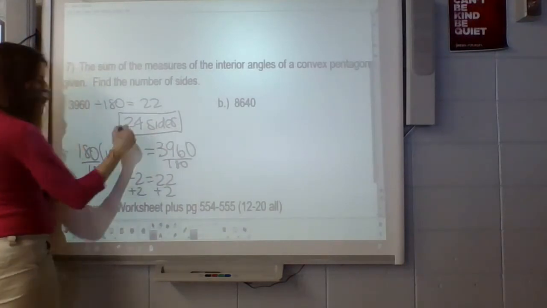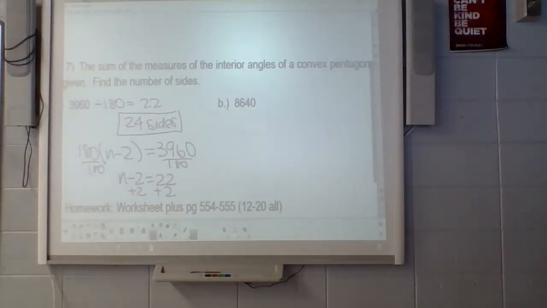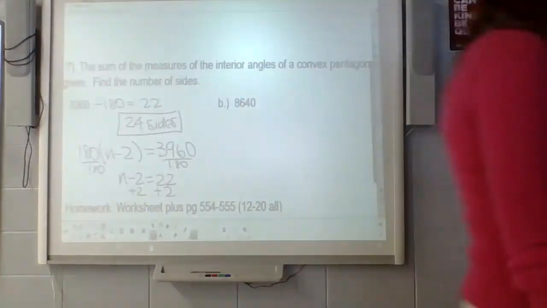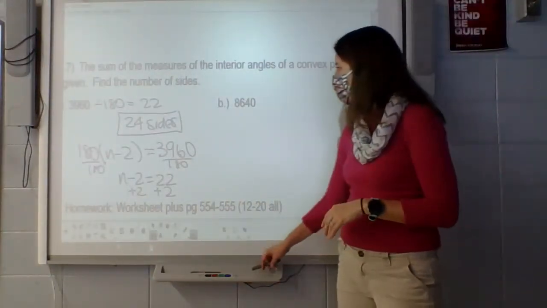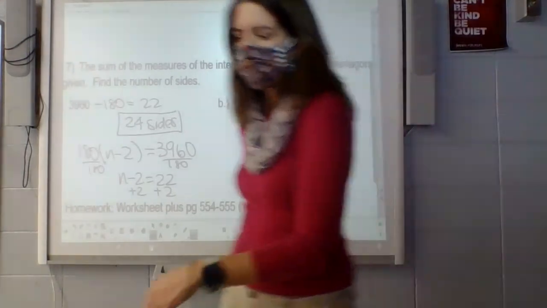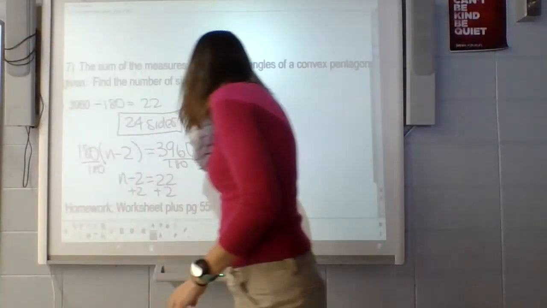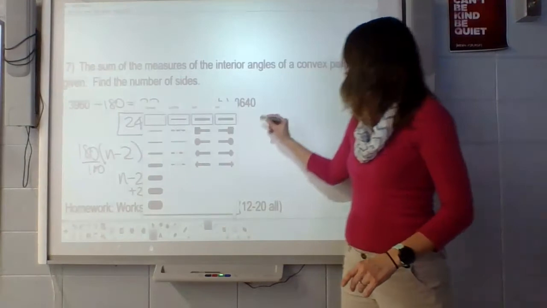That's the biggest thing: as long as you're able to do things like that, and it makes sense, you don't have to set up a formula, as long as you end up at the same point. So you can do the same thing with 8,640. Again, it depends on how you like setting these up.